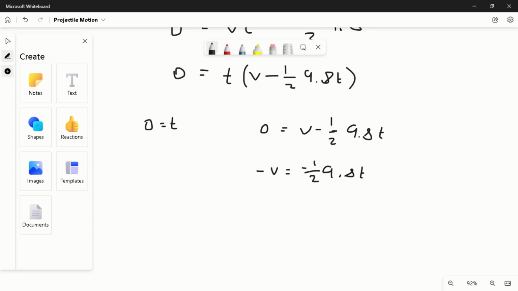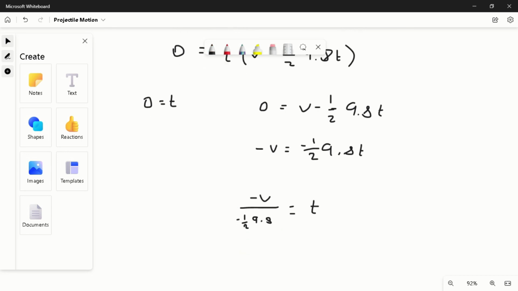Now we divide by negative a half times 9.8 on both sides, which leaves us with negative v divided by negative a half times 9.8 equals t.